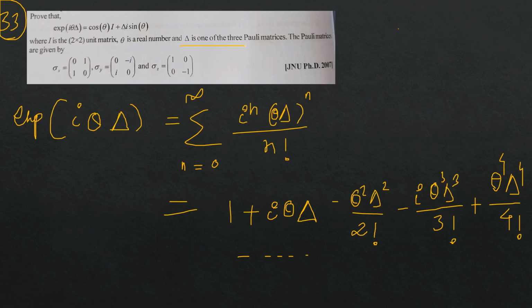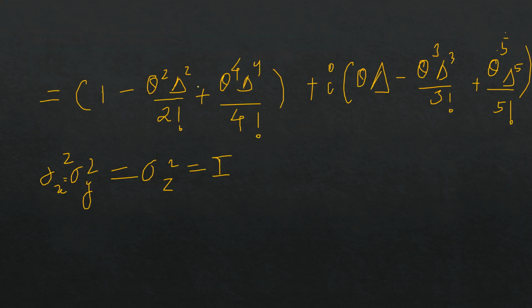So all the delta square will become what? One. Delta fourth will become one, but delta odd powers will remain as delta. Because sigma x square into sigma x is sigma x. So the delta will remain, but the square will go away, become one.